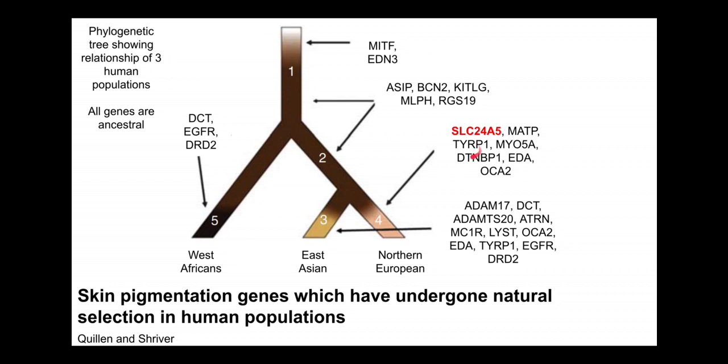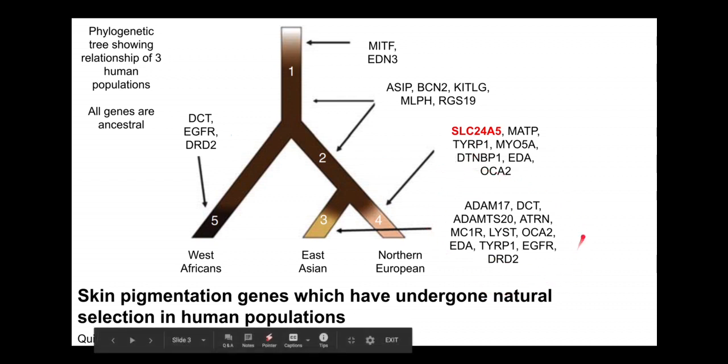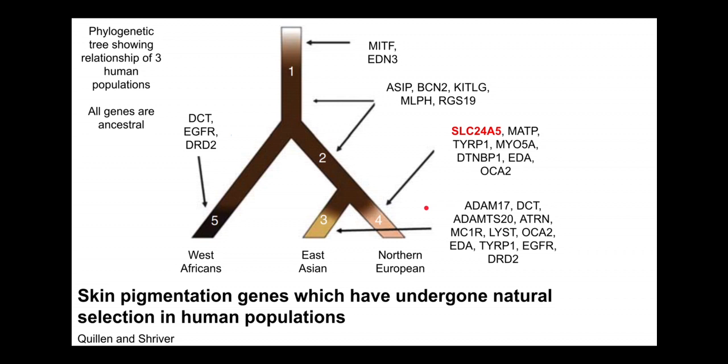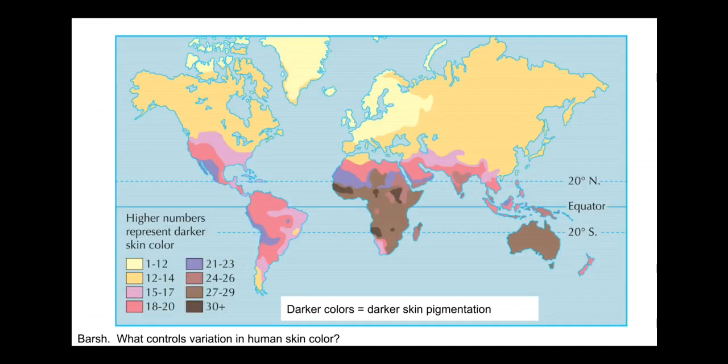And then these are other genes that at various phases in human history and human populations have been under natural selection. This results in the different patterns of skin pigmentation we see across different populations of humans, as natural selection has acted to optimize human traits for particular environments.